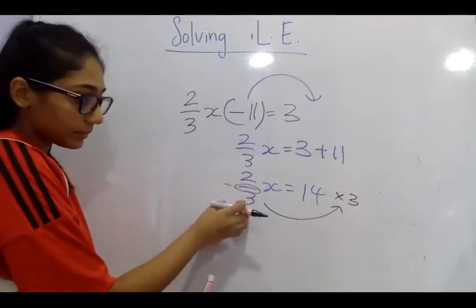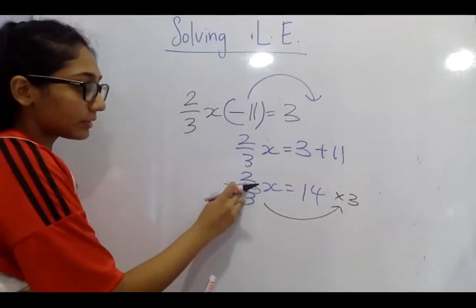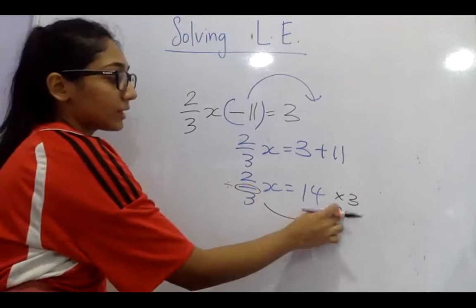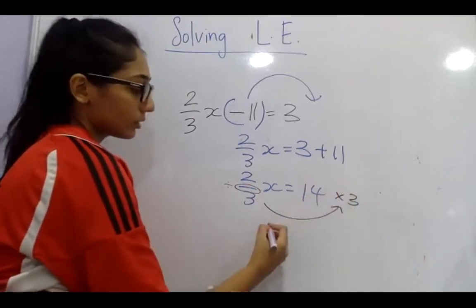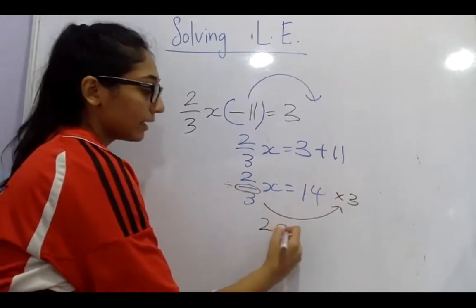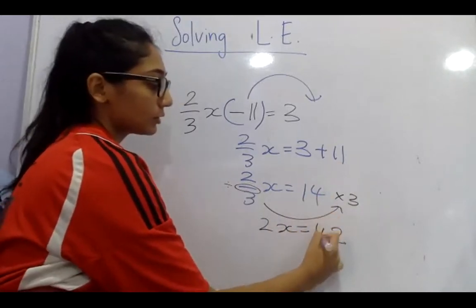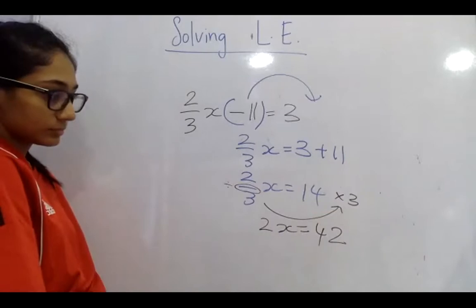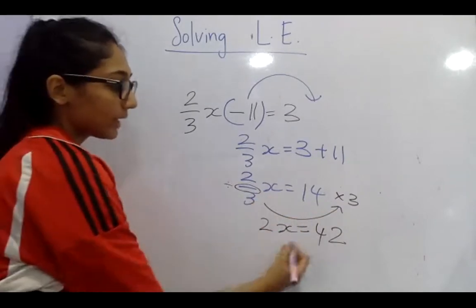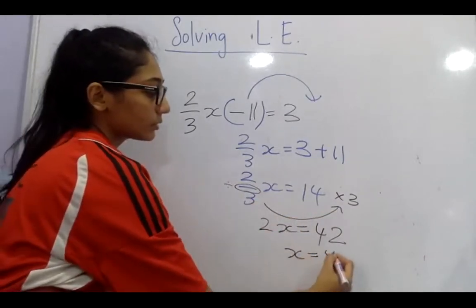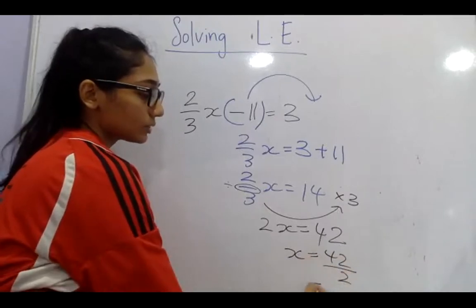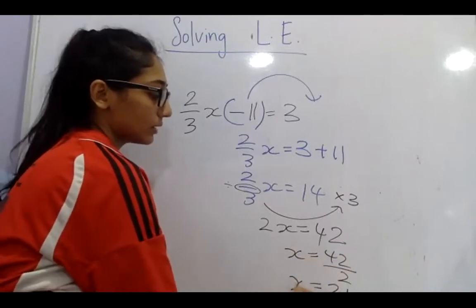So remove the bottom number first. Bottom is divide 3, so I bring over to the side, it is times 3. So 2 is still there. 14 times 3 is 42. Okay, and then 2x equals 42. x equals 42 divided by 2, which is 21.